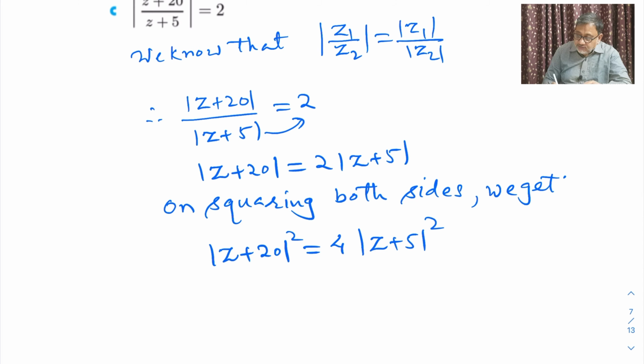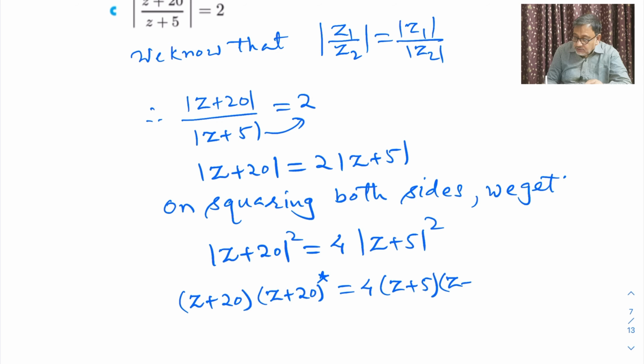Now modulus of z square is z into z conjugate. So I will write (z plus 20) into (z plus 20) conjugate is equal to 4 into (z plus 5) into (z plus 5) conjugate. Because I am using here the property, since modulus of z square is z into z conjugate.